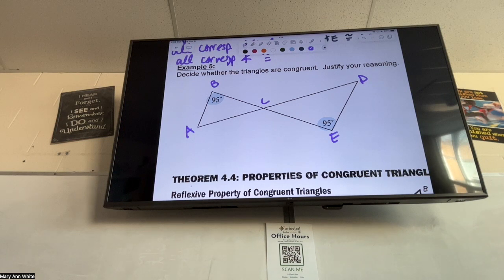All right, so B and E are congruent. What other angles are congruent? Those 2 angles at C, we can call them angle BCA and angle ECD. What else?